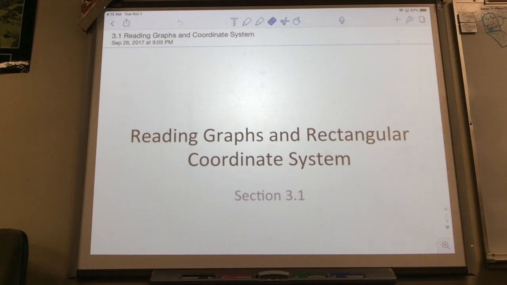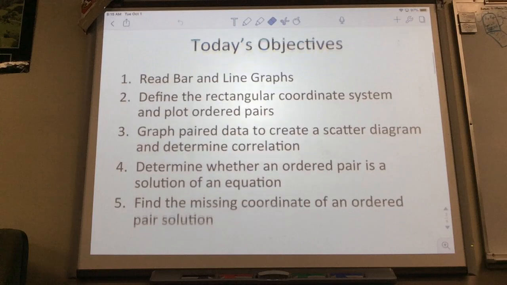If you remember last year, you were told to do -1, 0, 1 on the x's. You can do that, and that will create a line, but I would prefer you start preparing yourself for these bigger problems, because they will be easier if you can do y equals mx plus b. All right, so reading graphs in rectangular coordinate systems.